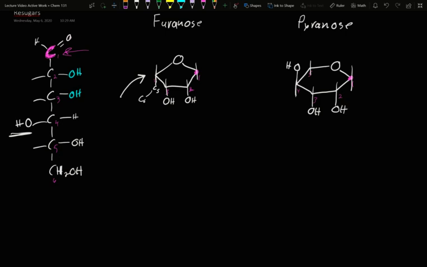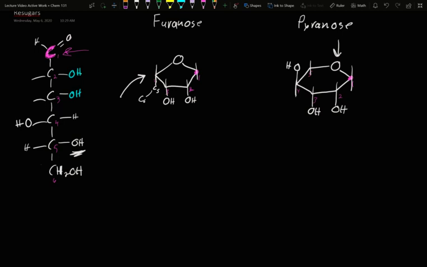In the pyranose, it's carbon 5 whose OH is making the ring. So carbon 5 doesn't have an OH on it anymore. It got used to make the ring. The other things on carbon 5 are a hydrogen and carbon 6. And so the up and down is going to consist of a hydrogen and carbon 6.